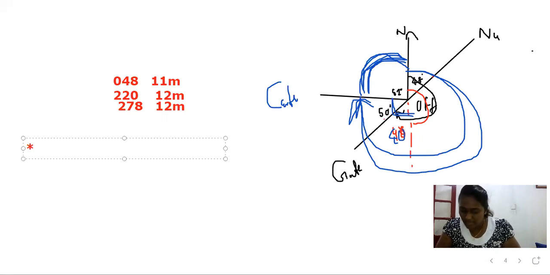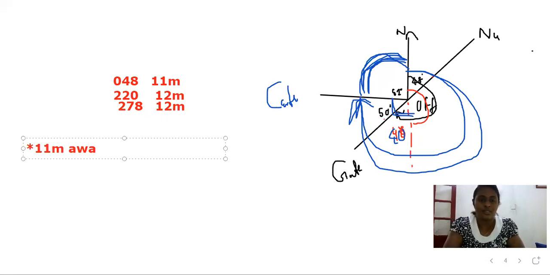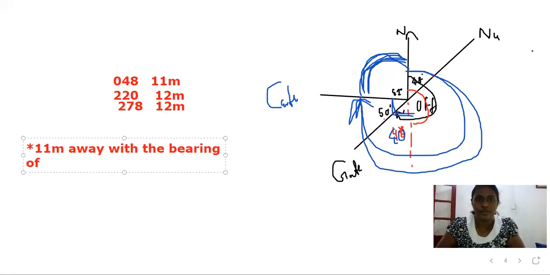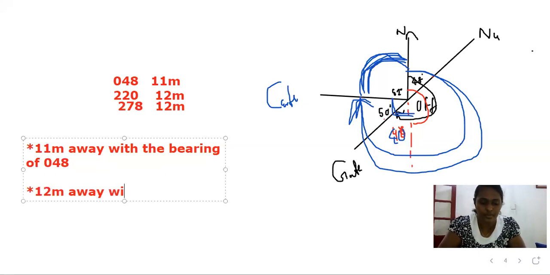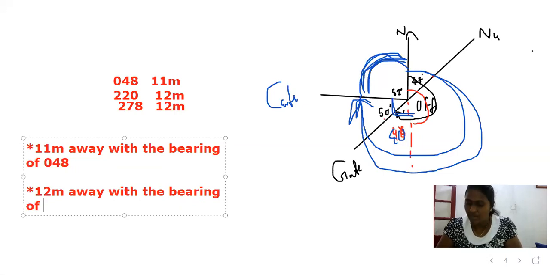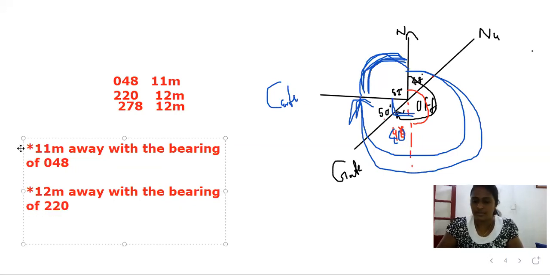So the first one asks the location of the nursery with respect to the school office. Then we can write in words: just 11 meters away with the bearing of 048 degrees. Like this we can write. Next one we can write 12 meters away with the bearing of 220 degrees.